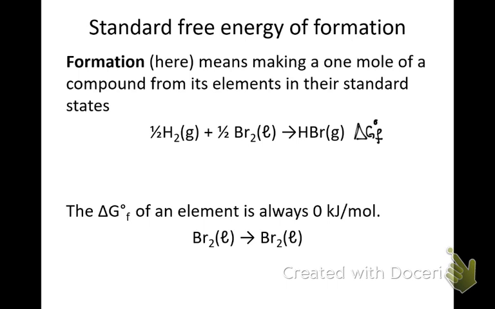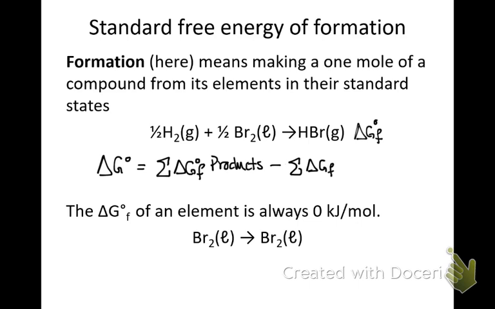We can calculate the overall change of this reaction, or any reaction really. We can calculate the overall delta G using the sum of all of the standard delta G's of formation for the products, minus the sum, that was a terrible sum, minus the sum of all of the delta G's of formation for the reactants.